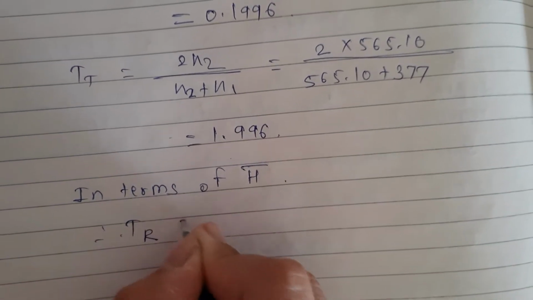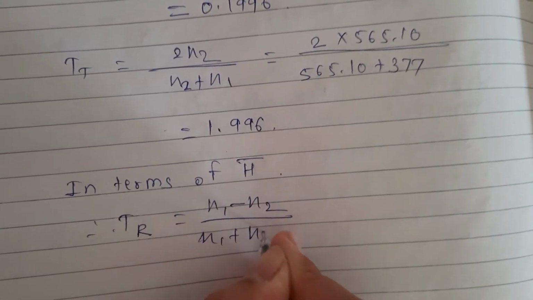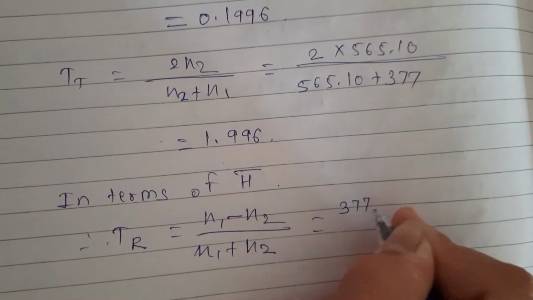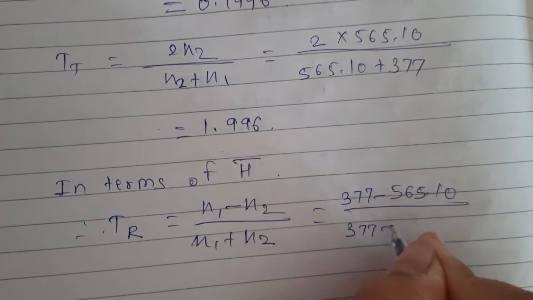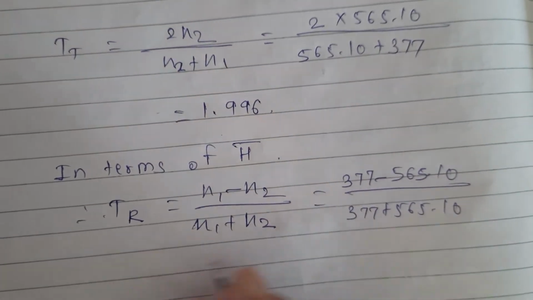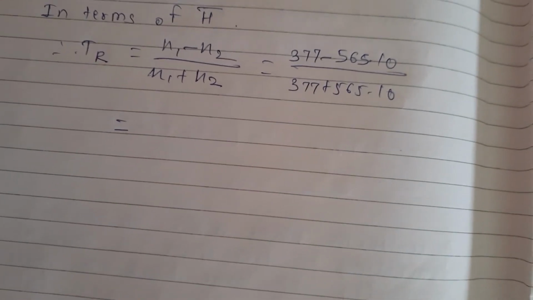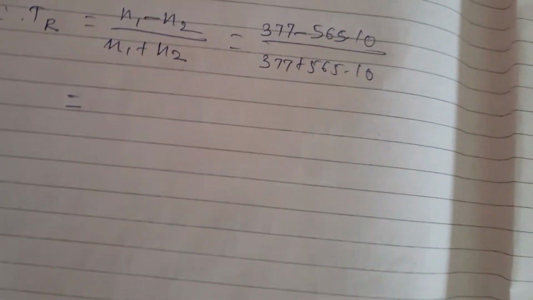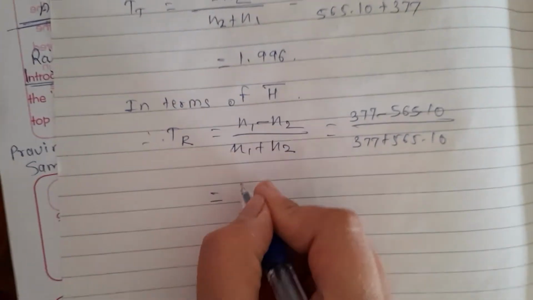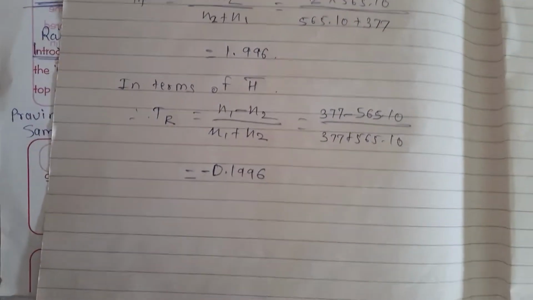Next, in terms of H bar, TR is equal to minus eta 2 divided by plus eta 2. So it is 377 minus 565.10 divided by 377 plus 565.10. Its answer is minus 0.199.